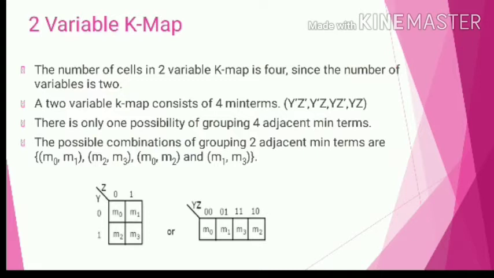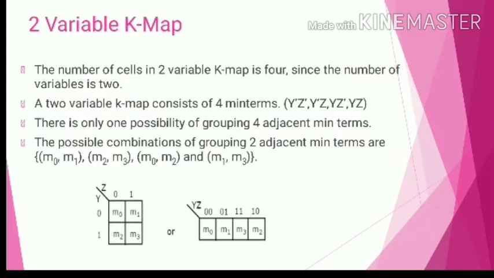See the table. On the left side, the rows are marked as Y and the values are 0, 1, and on the column side marked as Z the values are 0, 1. So y and z are the two variables. So 4 minterms can be formed.